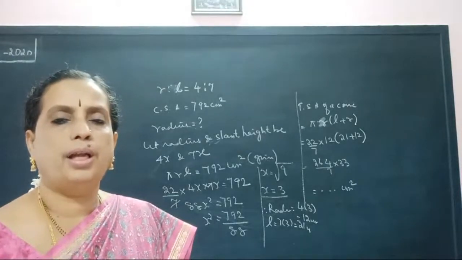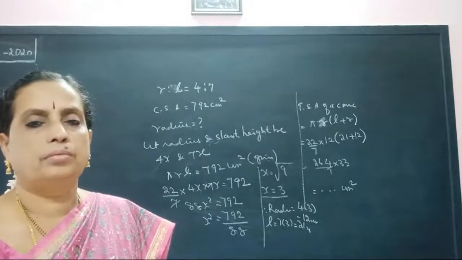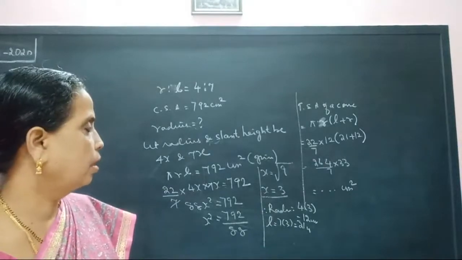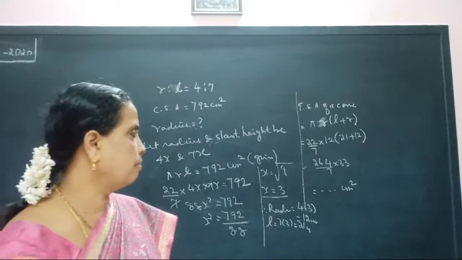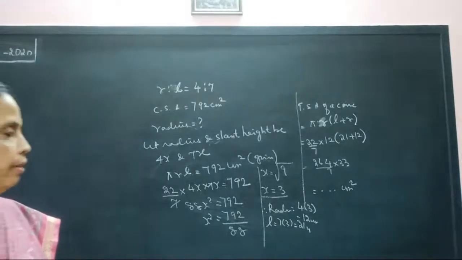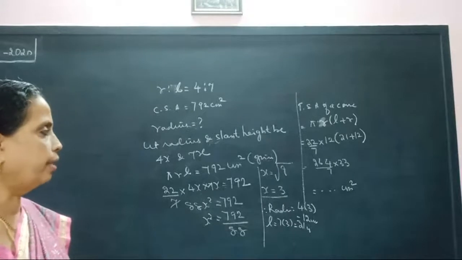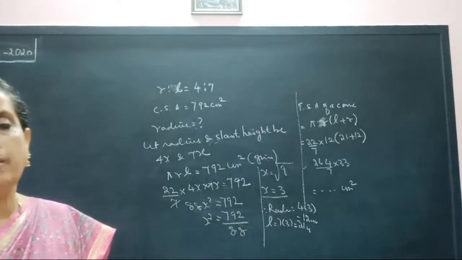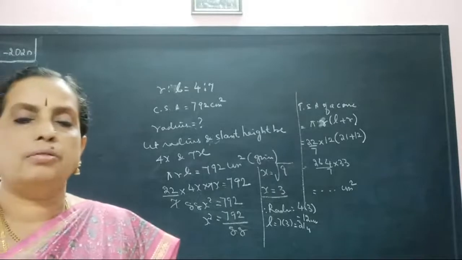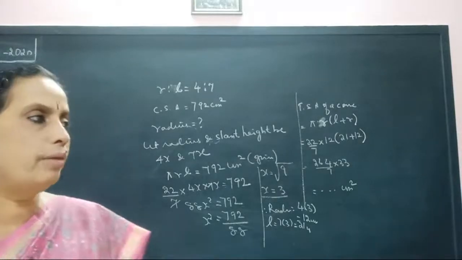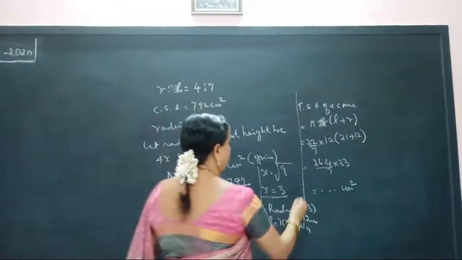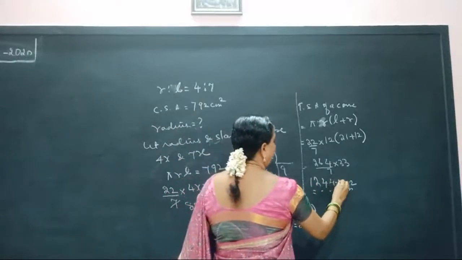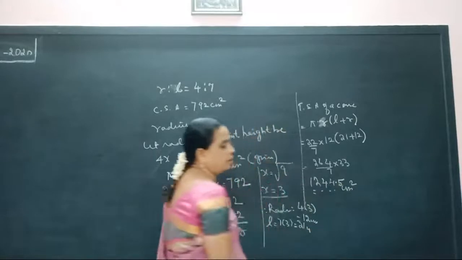You won't get an exact number because 7 does not divide either 264 or 33. Do the product and divide it by 7. Yes, 1244.5 centimeter square.